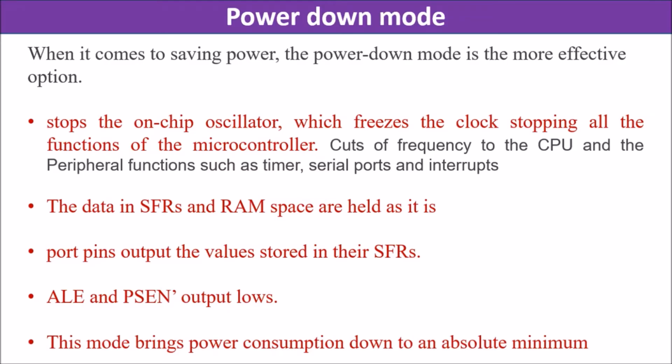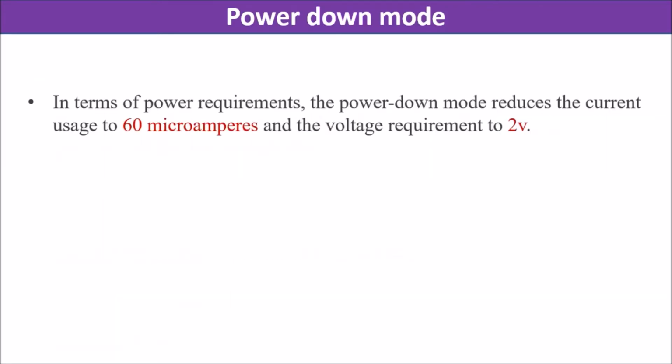This power down mode brings the power consumption down to an absolute minimum because the CPU clock is stopped and all peripherals are stopped. That's why the power consumption is very, very low in power down mode. In terms of power requirement, this mode reduces the current usage to 60 microamperes and the voltage requirement to 2 volts.